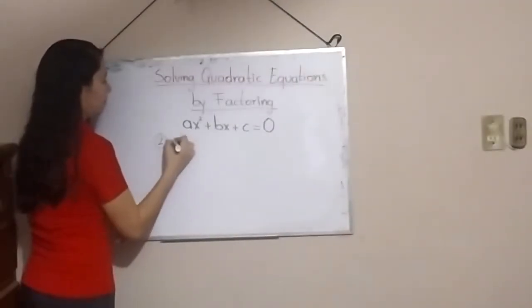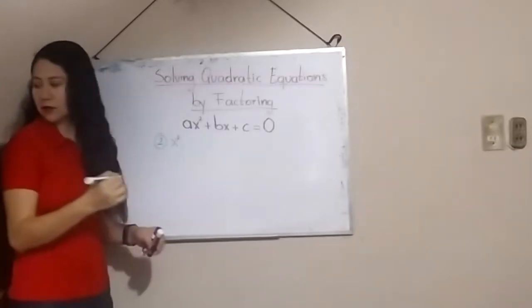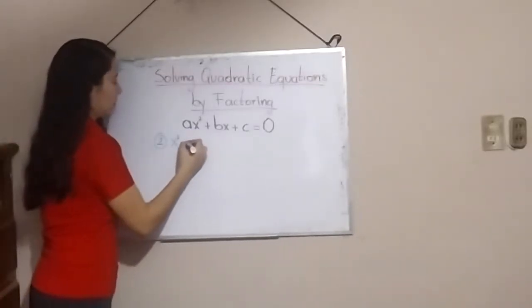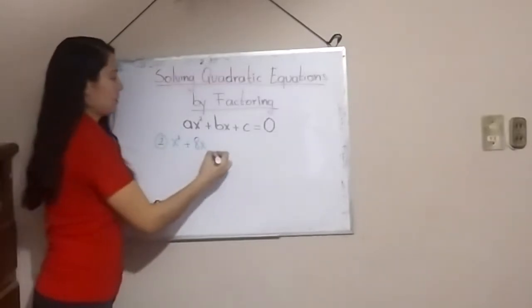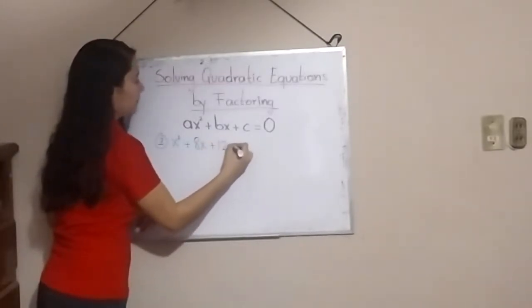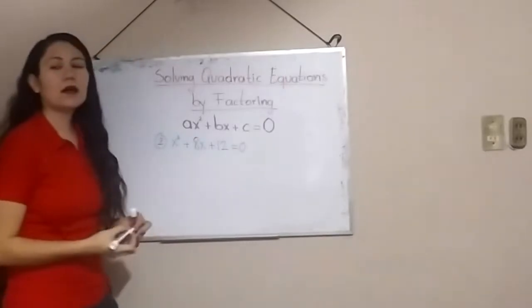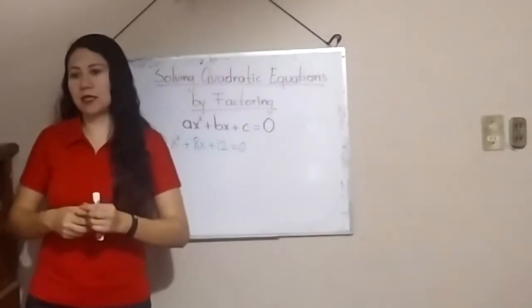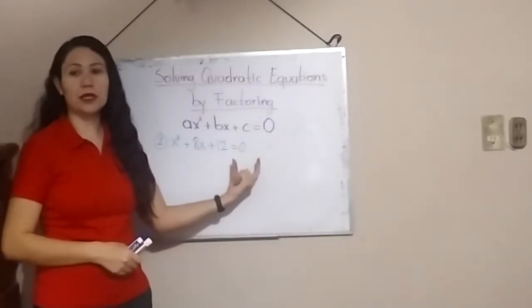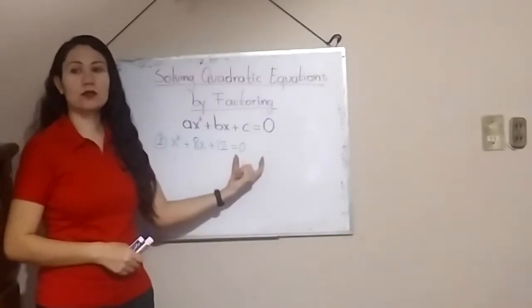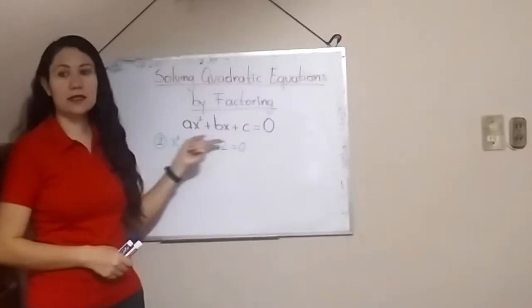Example number 2. x squared plus 8x plus 12 equals 0. Our first step in solving quadratic equations is always to make sure that it is equal to 0, that it fits this form.